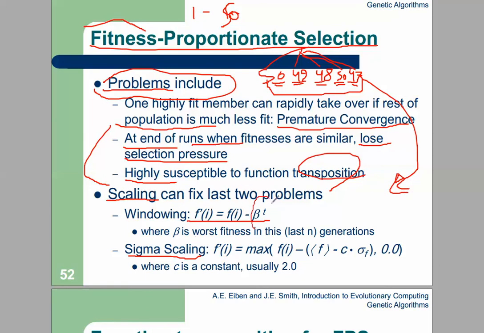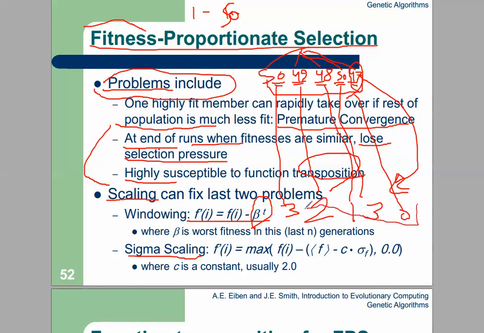If beta is the lowest fitness, and you subtract the lowest fitness from each fitness, you produce these values.